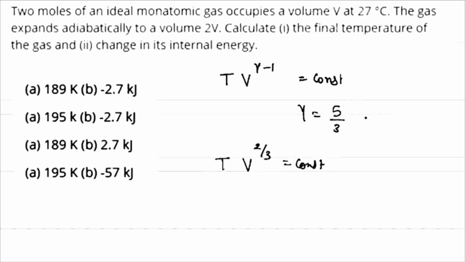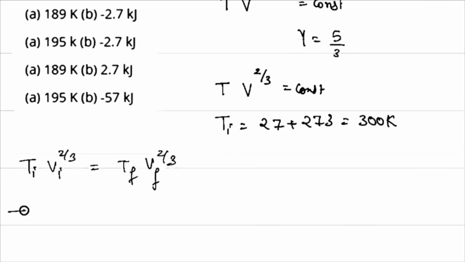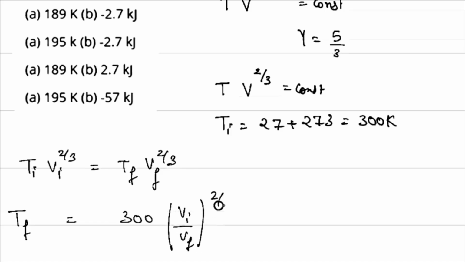Now initially the temperature was 27 degrees Celsius. So I will write T initial is equals to this, that is 300 Kelvin, right? You can write down the equation. We want the final temperature, and it will be equals to 300 into V initial by V final to the power 2 by 3.